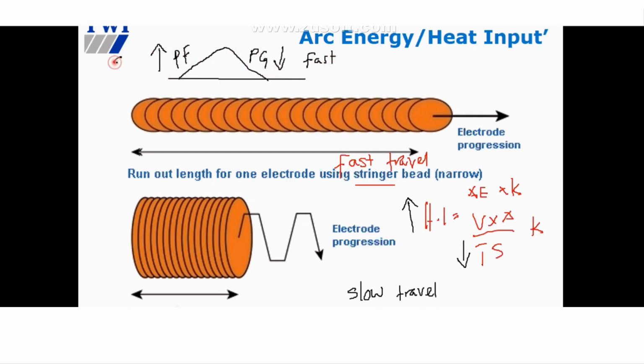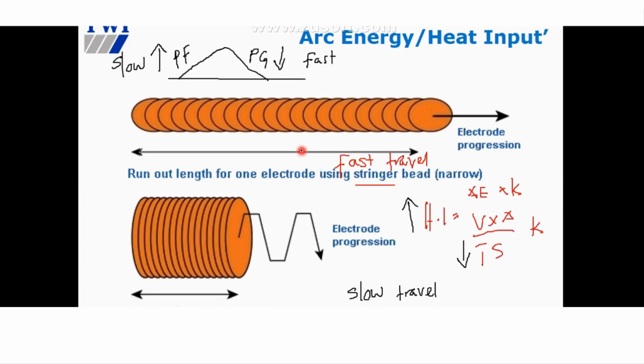PF is slow travel. That will affect the heat input. The same thing we discussed about stringer bead and weaving. You got fast travel, slow travel. What will be the difference in heat input? Memorize this. This is the thing you need to memorize.